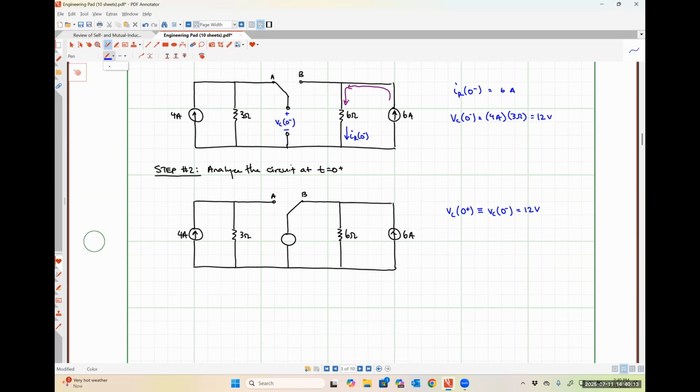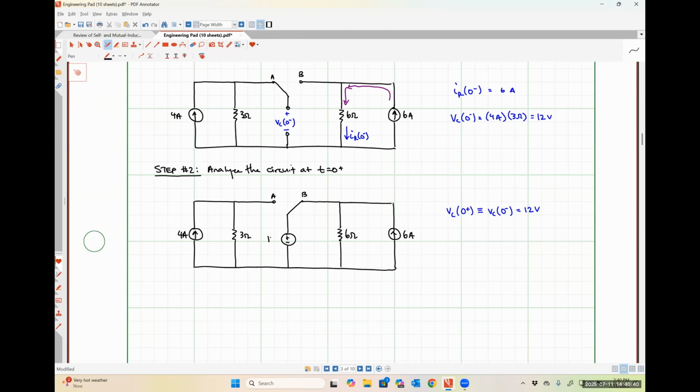Okay. So that means the voltage drop across the capacitor is fixed at this one specific instant in time. So since the voltage is fixed and the current can be anything it needs to be, that mimics the behavior of an independent voltage source. So I'm going to make sure that the polarity of my independent voltage source is the same as the polarity of VC at 0 minus.